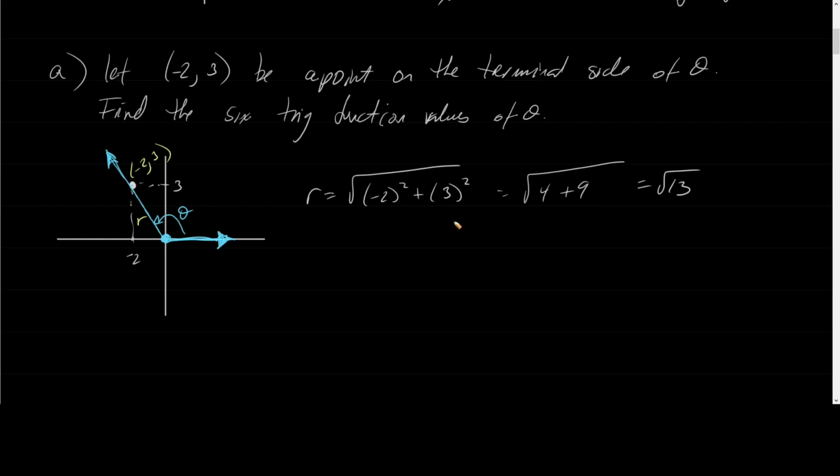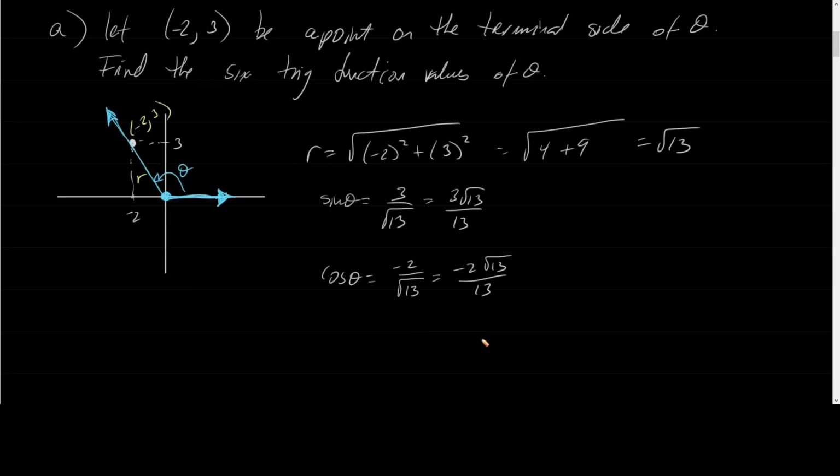All right, so now we can figure out what sine theta is, because sine was the y value over r. So 3 over radical 13, which is 3 radical 13 over 13. Cosine theta would be the x value over r, which I can rewrite as -2 radical 13 over 13.